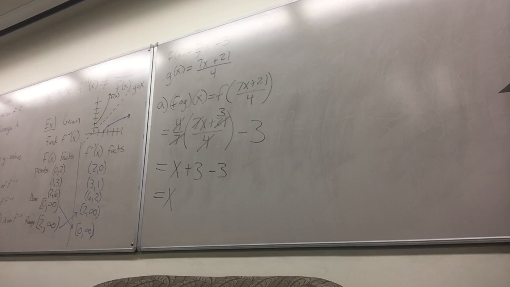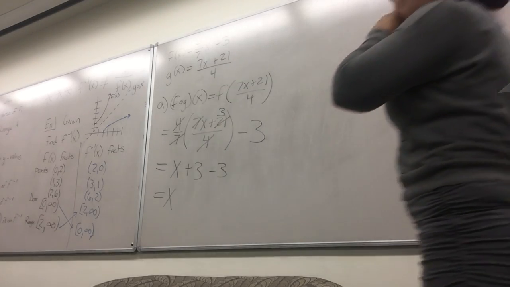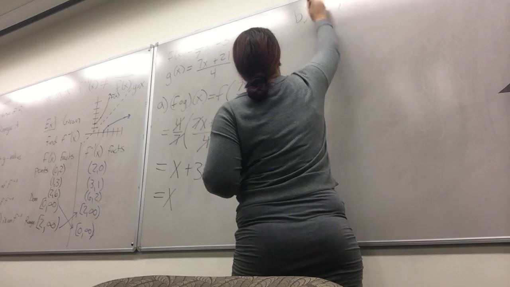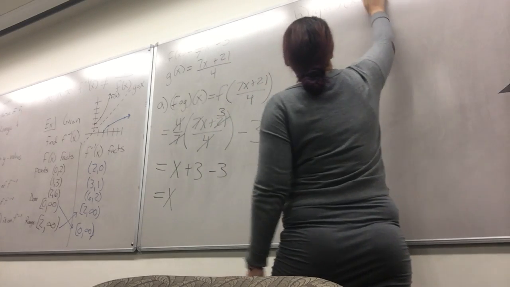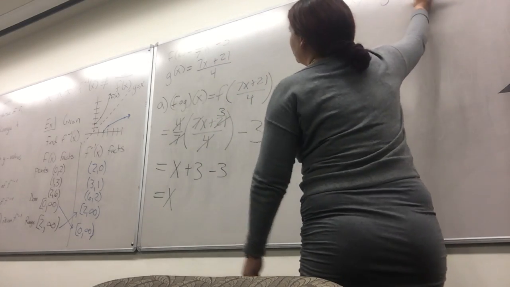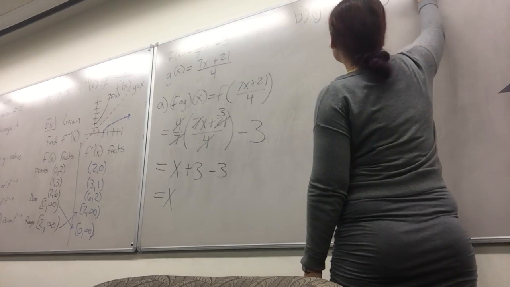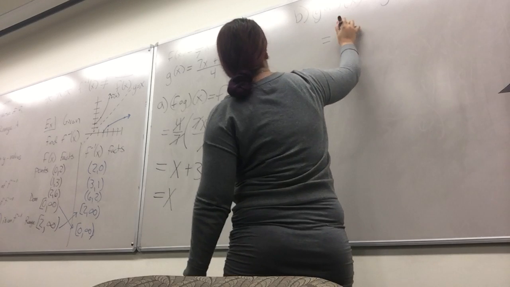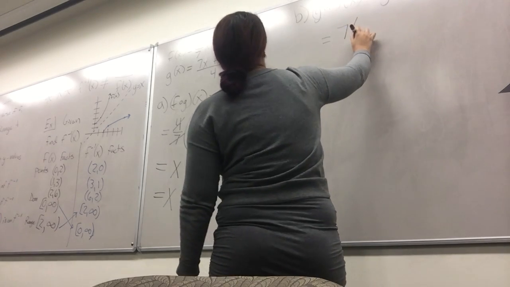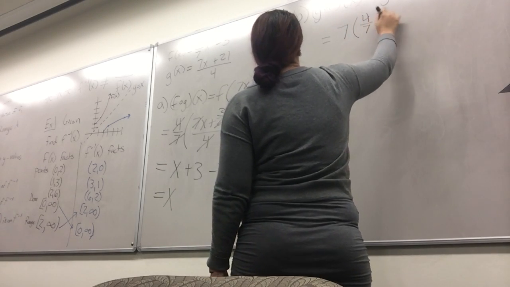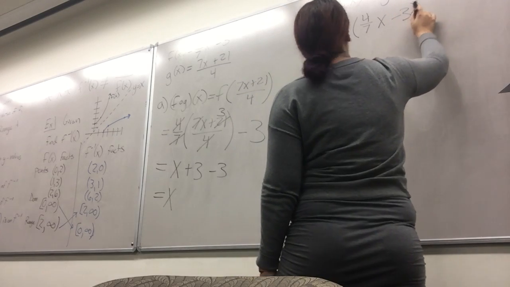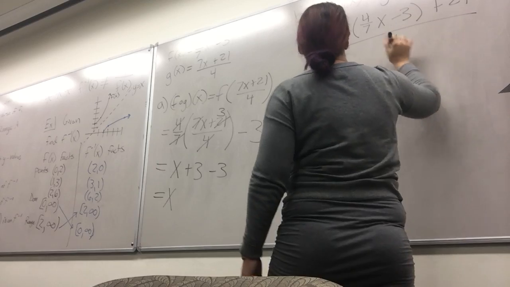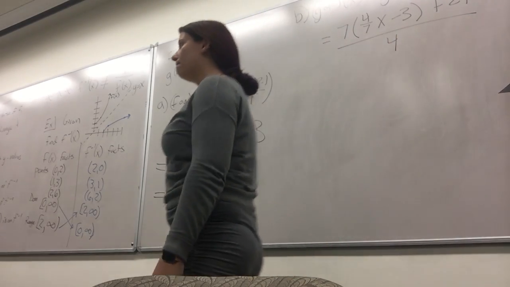Now let's find g of f. So that will be g of 4/7 x minus 3, which is 7 times 4 over 7x minus 3 plus 21 all over 4, right?